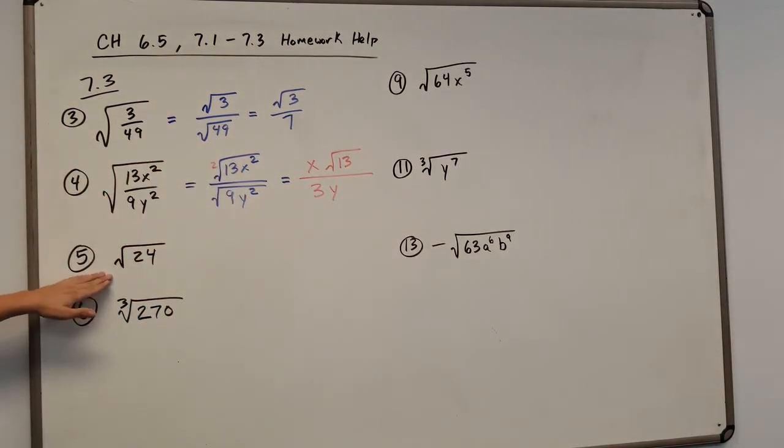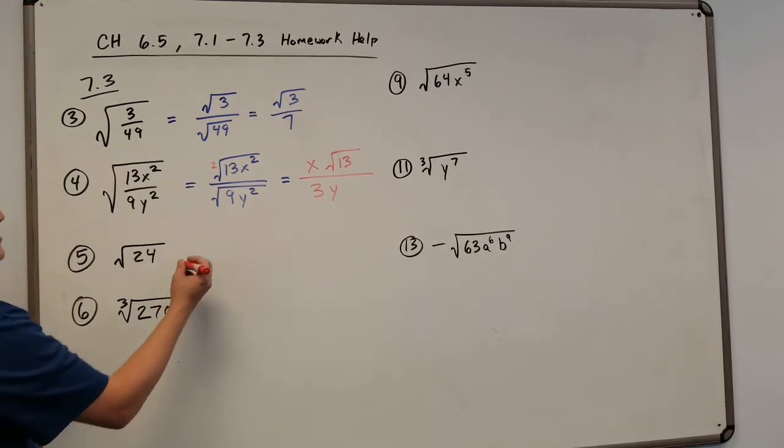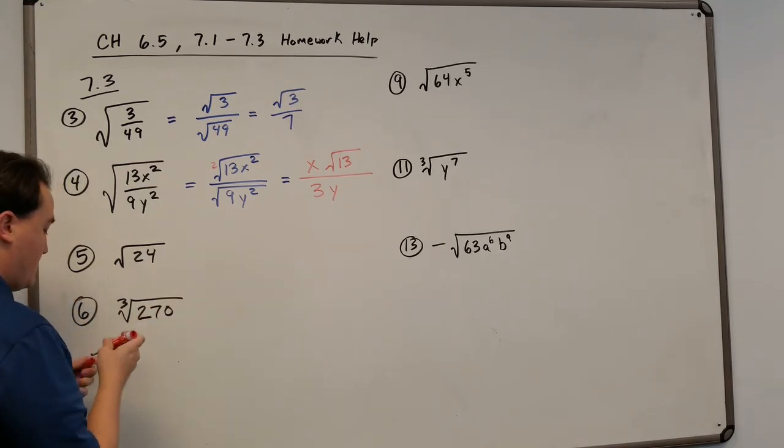This is a little bit different now, okay? When they're telling you to take the square root, if you type this into the calculator, you're just going to get a decimal. So you can't do anything with that. So what you can do is break it up.